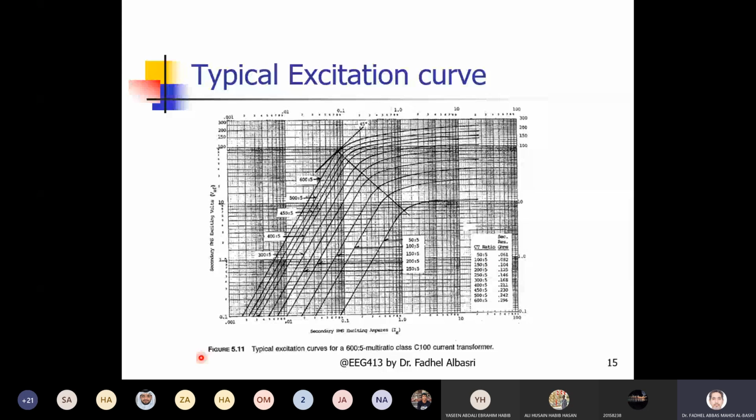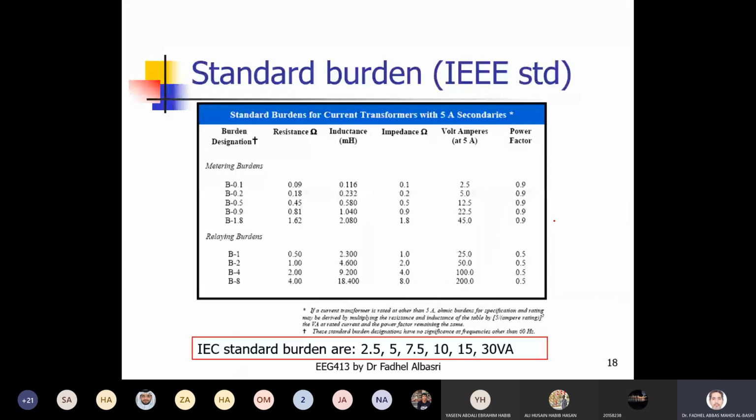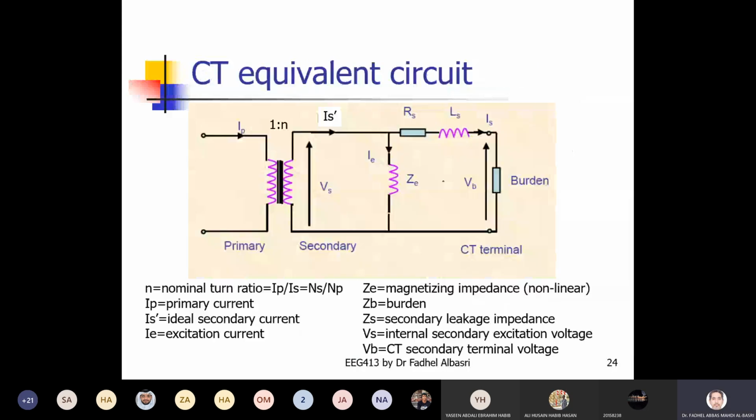So what is exciting voltage and exciting current? If you have a CT, this is the primary and this is the secondary. If you inject a current here, let's see the model of the secondary. This is an equivalent circuit of the secondary side of a current transformer.